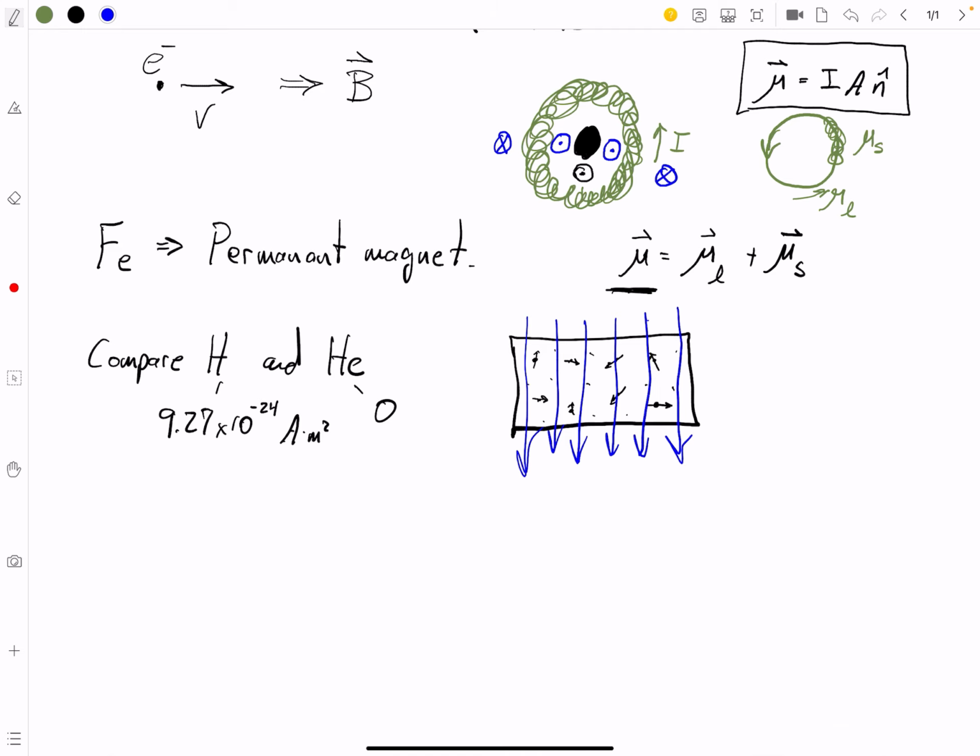Well, I drew it upside down. North is going that way. So all of your little compass needles are going to line up.